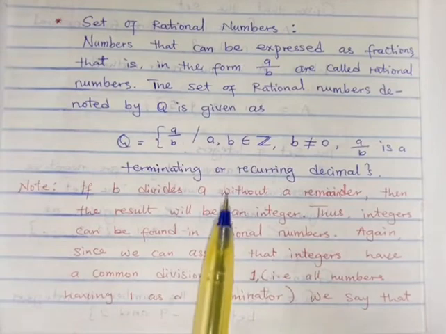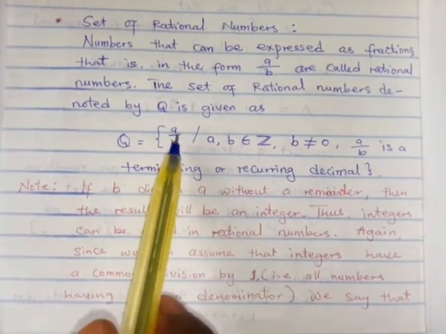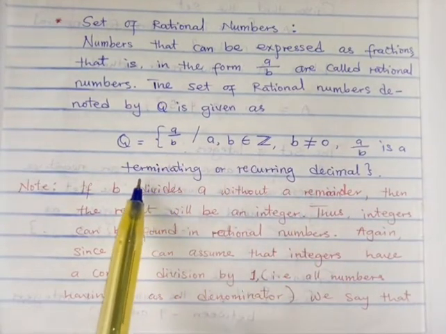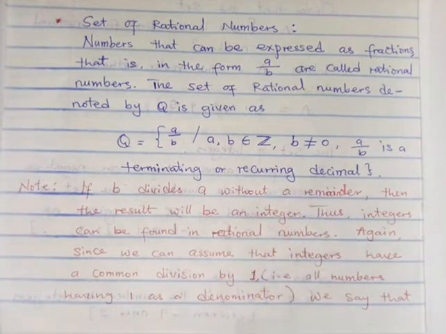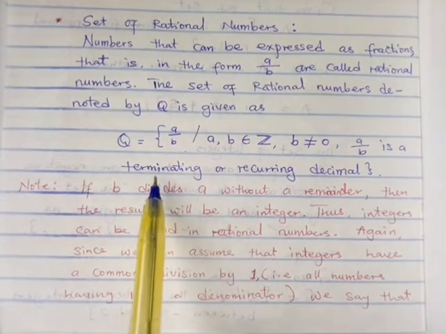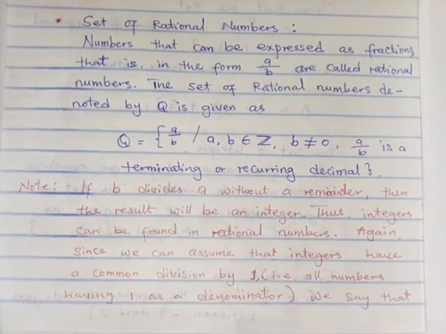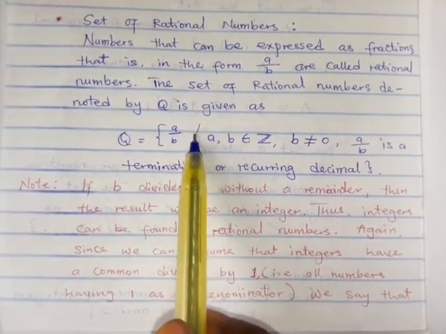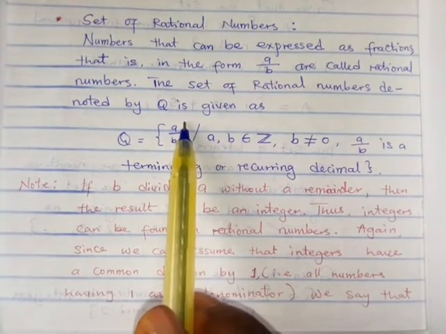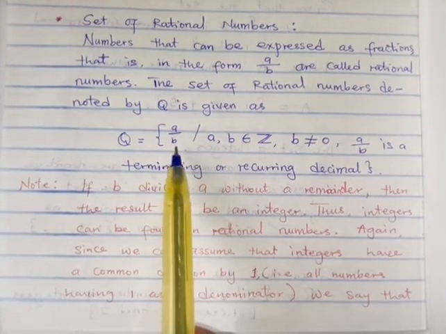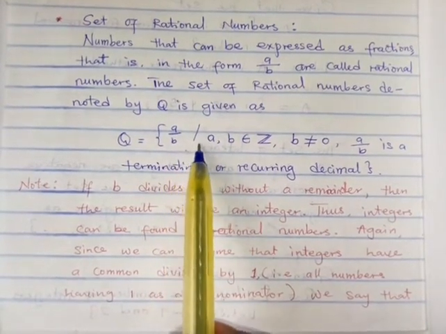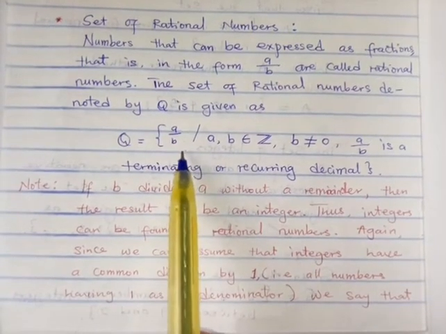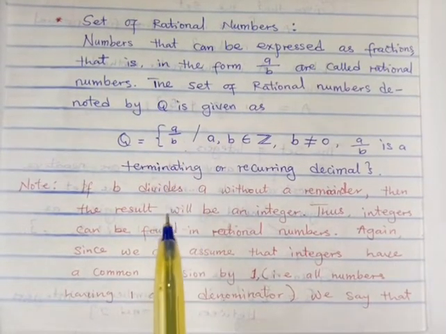Okay, so this fraction, this a all over b, is a terminating or recurring decimal. An example of a terminating decimal is 2 all over 5. If we evaluate that 2 all over 5, we have 0.4. Of course, that is a terminating decimal. There is an ending.